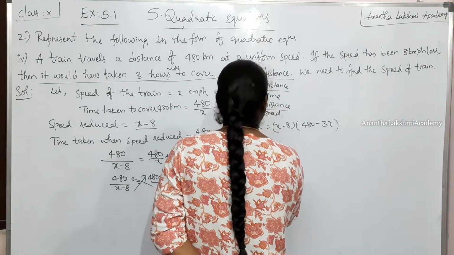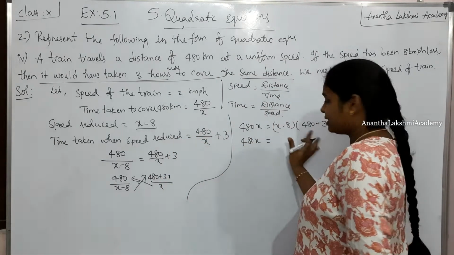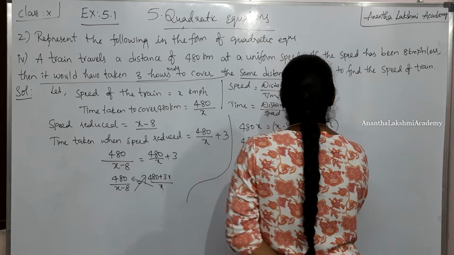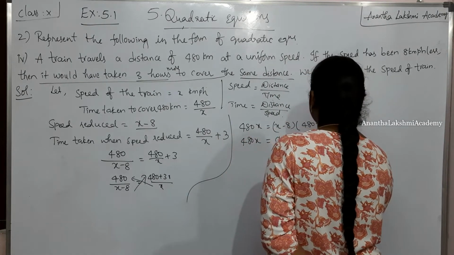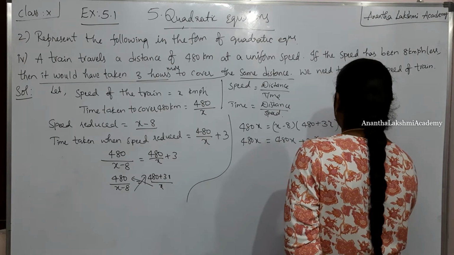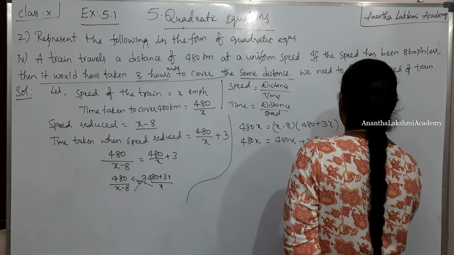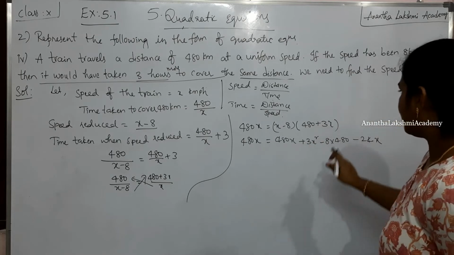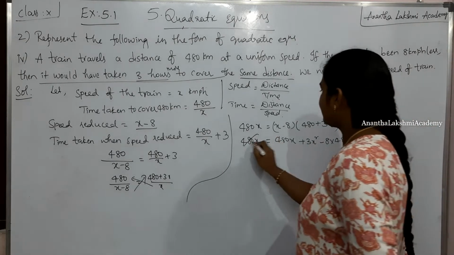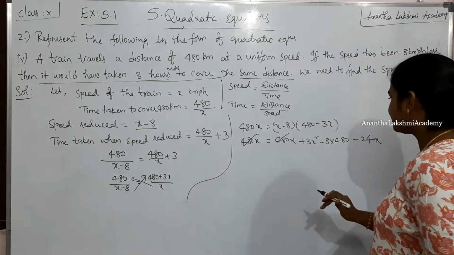480x is equal to, I'm multiplying these two, so 480x plus 3x square minus 8 into 480 minus 24x. Okay, 8 3s are 24. Let me write it properly. Okay, 480x on both sides gets cancelled.